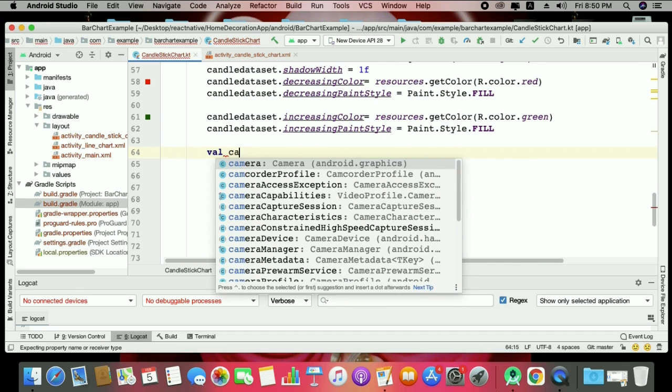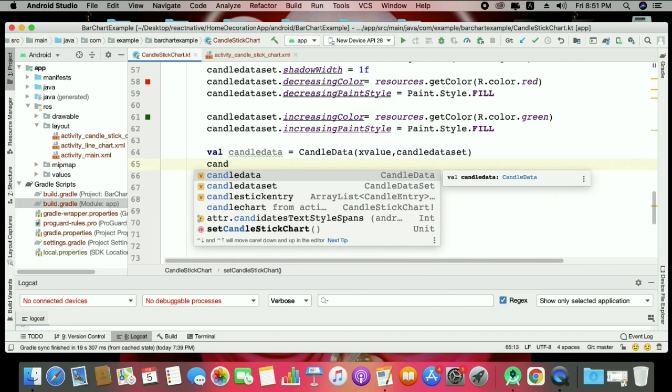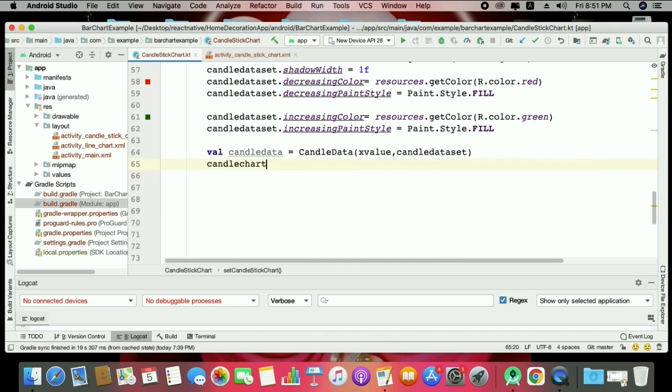And the most important thing is that first we have to put this on your candle data. So you can say candle data is equal to your candle data, and that's your x value comma candle data set. Once that's covered you can say candle chart dot data is equal to your candle data. So easy.